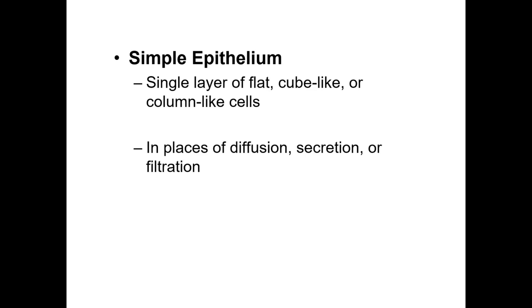So we are going to see that we have simple squamous, simple cuboidal, and simple columnar. And then there's also what's called pseudostratified columnar. Simple epithelial deals with diffusion, secretion, and filtration.